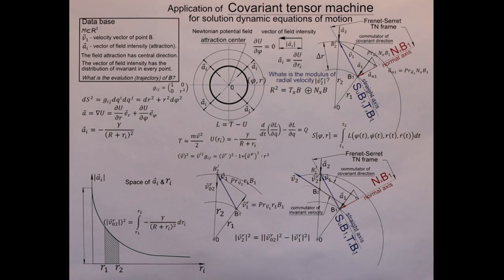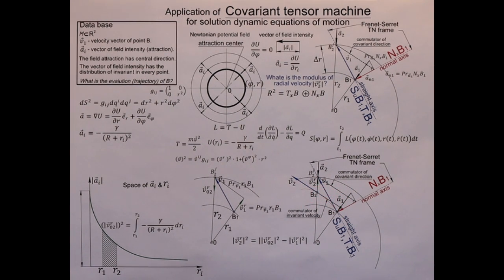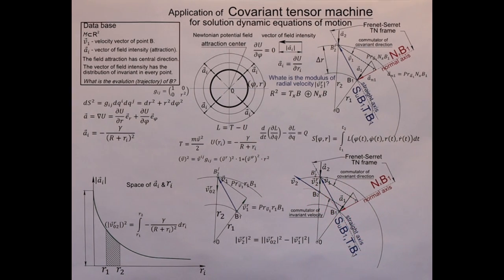The trajectory of point B goes near the commutator axis and the velocity vector v1. At points B1 and B2, the trajectory line is tangent to the velocity vector and the axis of the commutator. In the same way, at point B2, the trajectory line is tangent to the velocity vector v2.